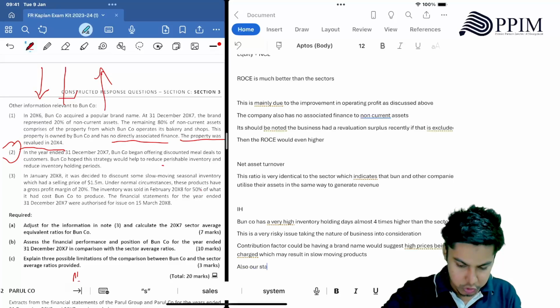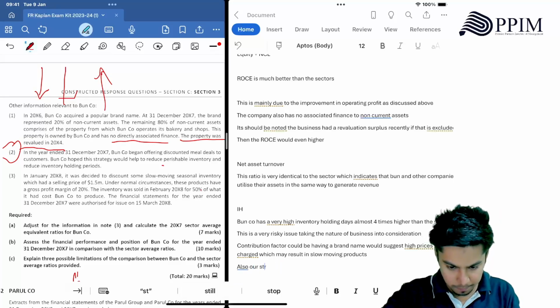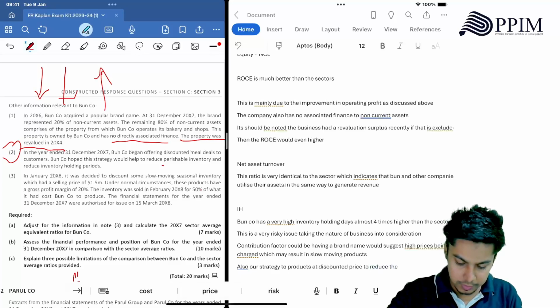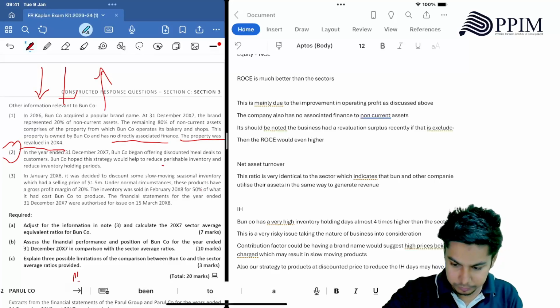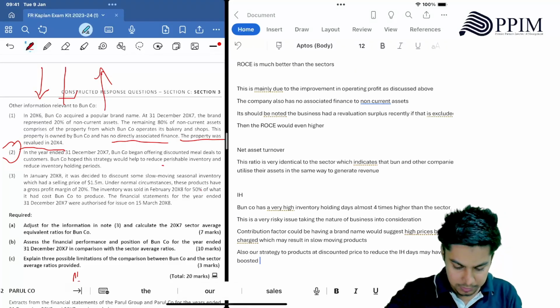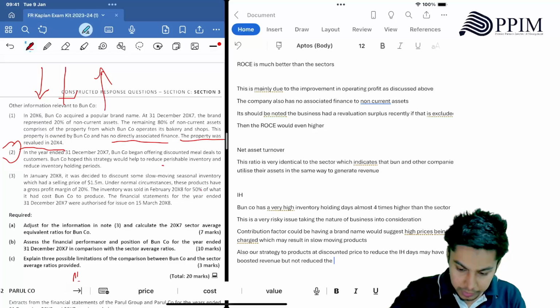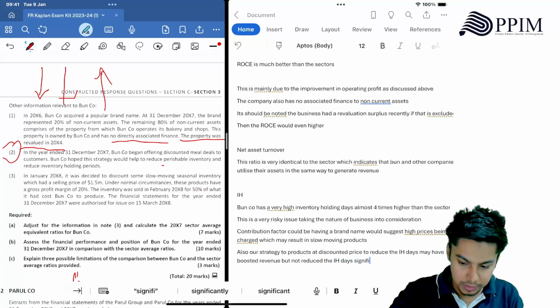Also, our strategy to sell products at a discounted price to reduce the inventory holding days may have boosted revenue but not reduced the inventory holding days significantly.